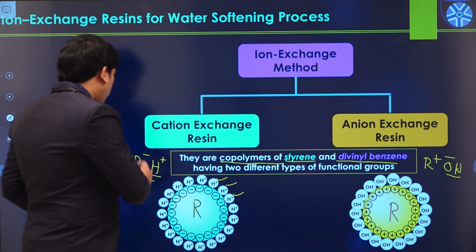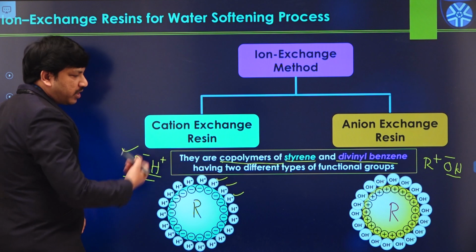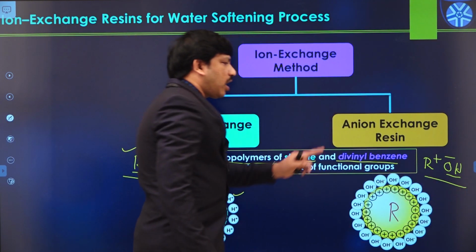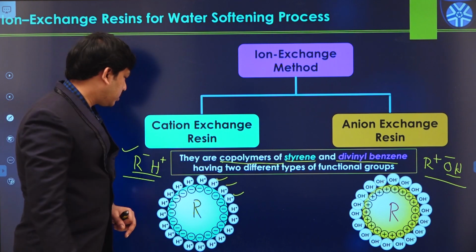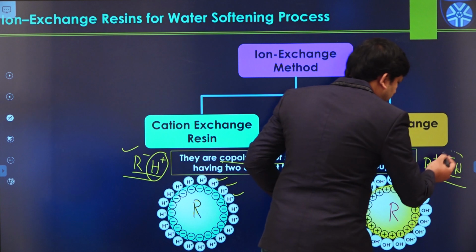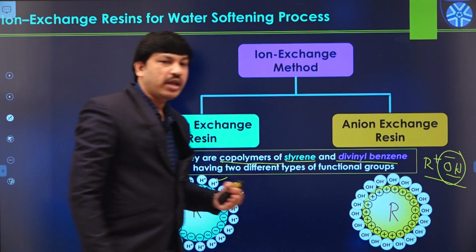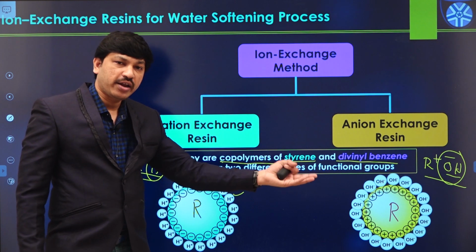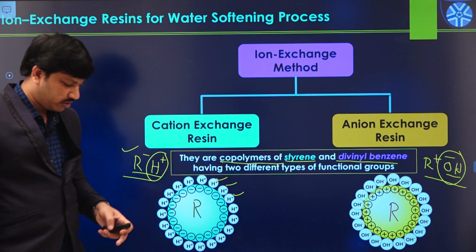Okay. So how to represent cation exchange resin? R minus H plus. How to represent anion exchange resin? R plus and OH minus. Here H plus or OH minus are called replaceable cations or replaceable anions. They can easily exchange with the corresponding cations and anions available in the water solution.